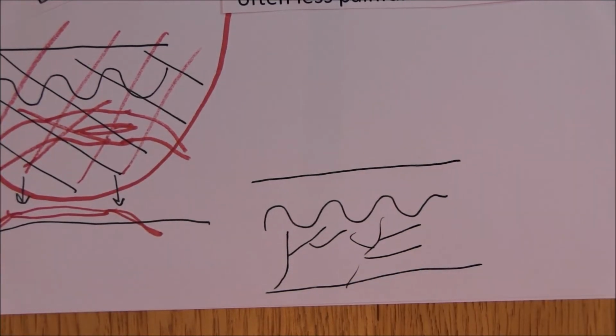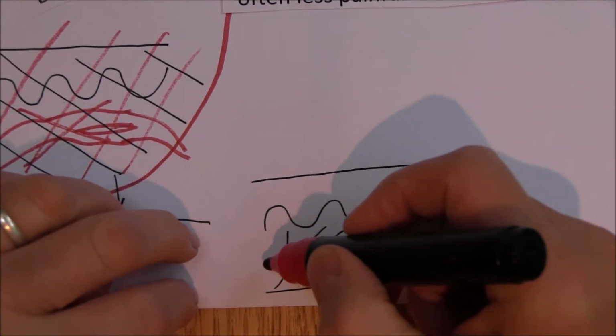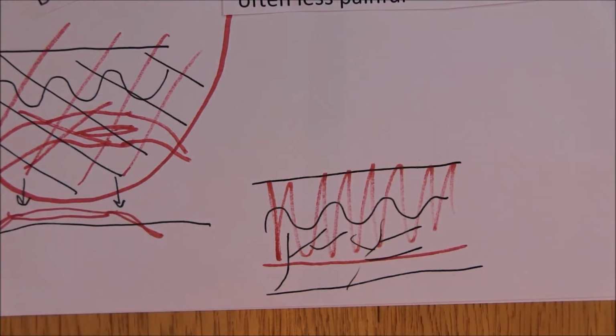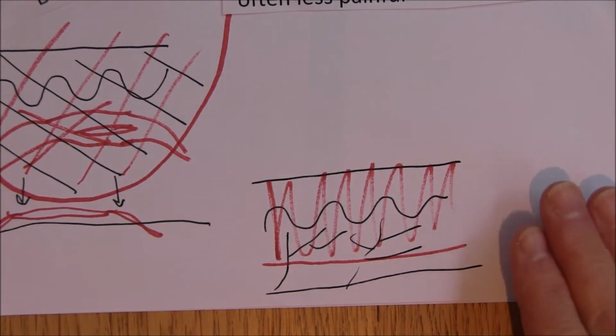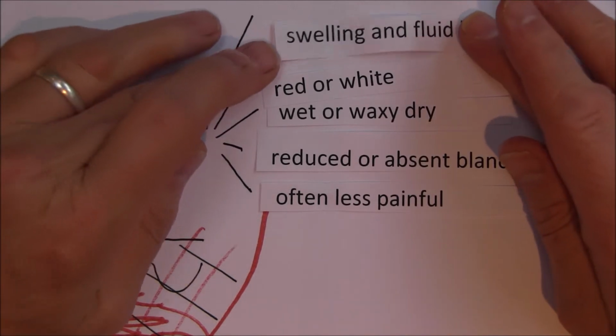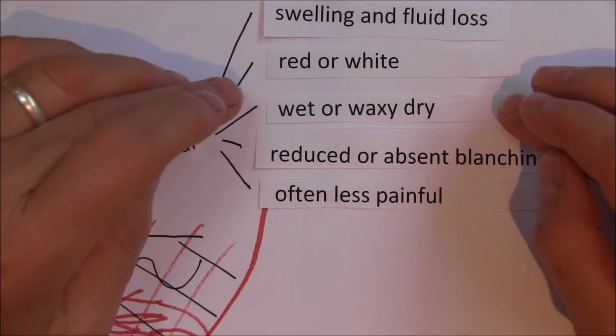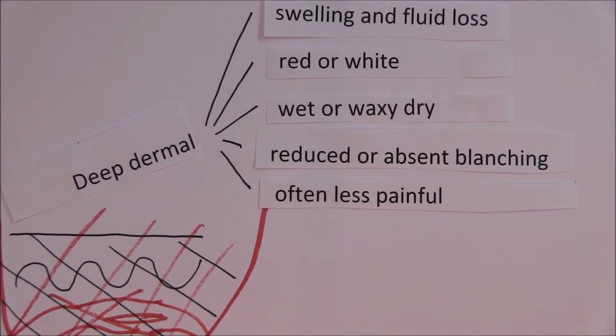Then many of them are simply burnt away. So there's fewer nociceptors to perceive the pain. So the pain is often less in the deep dermal compared to the shallow dermal burns.